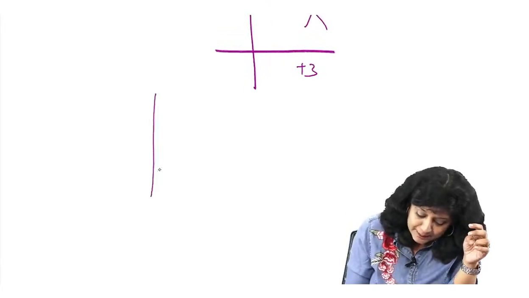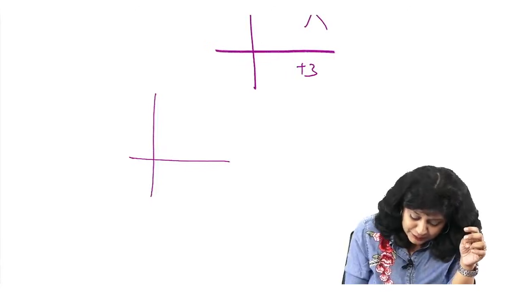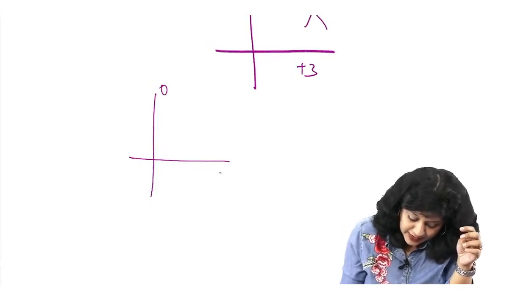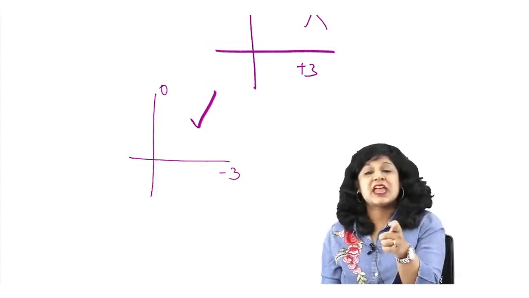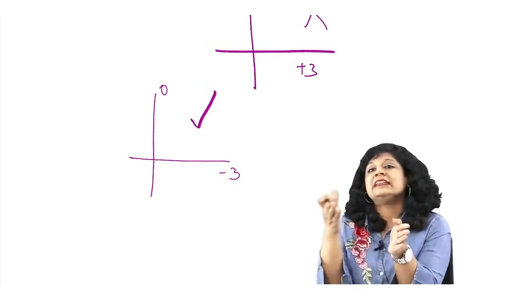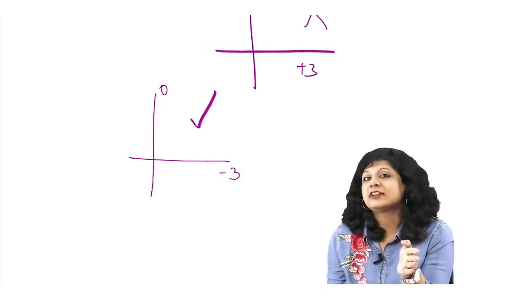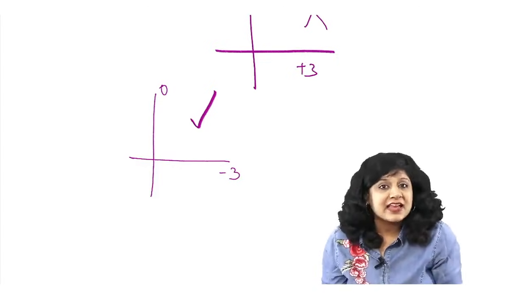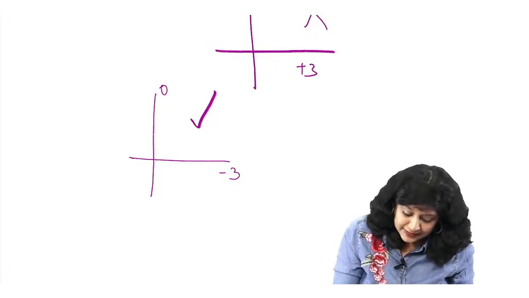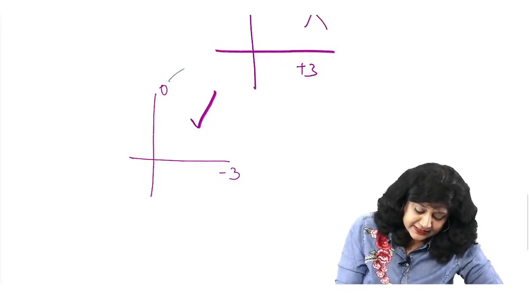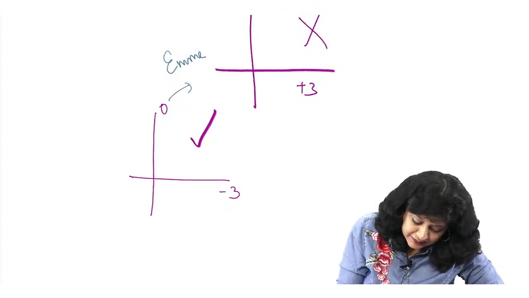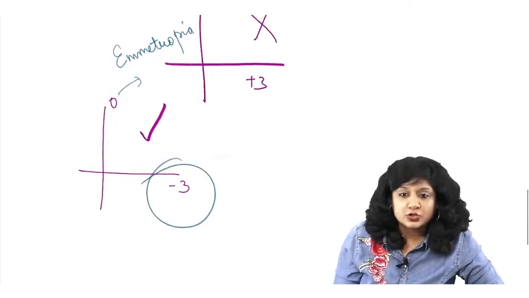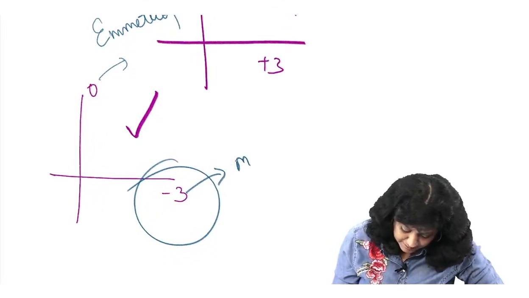But if a person has 0 power here and -3 here, then it is astigmatism. Don't say that if one of the meridians is emmetropic, then it is not astigmatism. In either case the power is different. This meridian has 0 power, that means emmetropia, while another meridian has -3, so that means myopia.